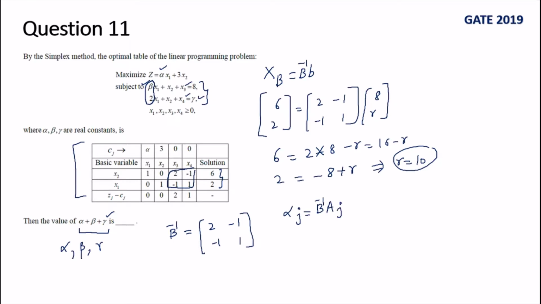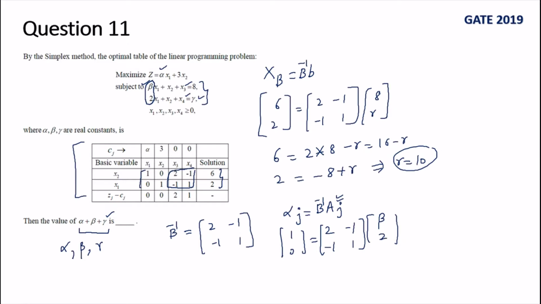So the column vector of x1 in the optimal table, which is 1, 0, equals B inverse, that is 2, -1, -1, 1, times the original column vector, which is beta, 2.